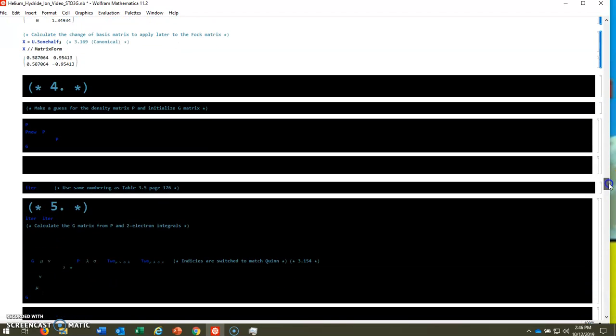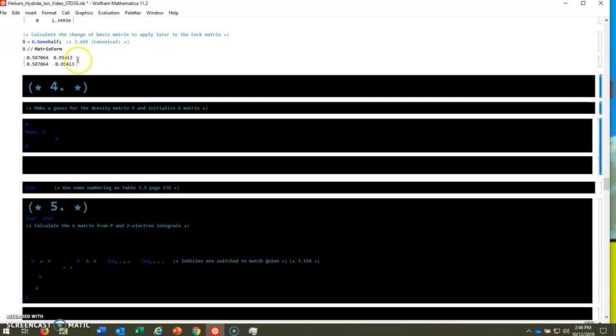So that's equation 3.169 that calculates our X matrix here that we will be using later. So we need that, and those values should correspond nicely to what we see in the textbook for the correct values.